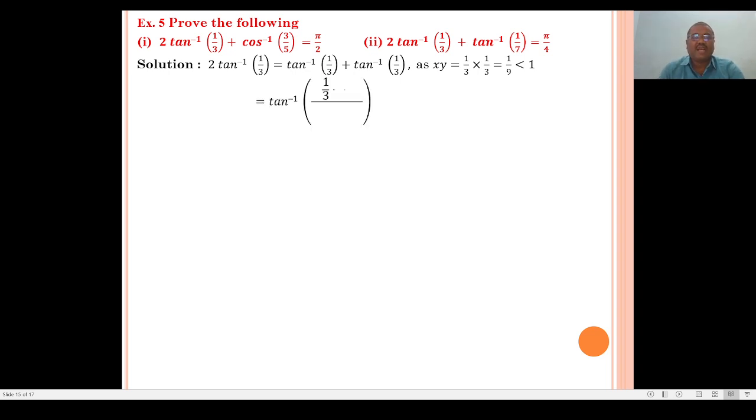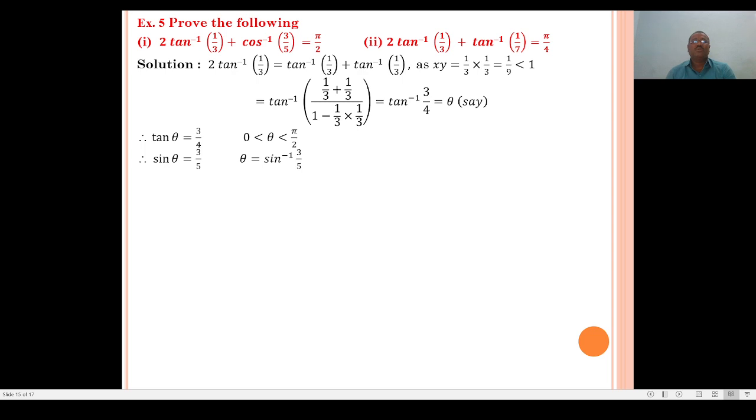So tan inverse of 1/3 plus 1/3 upon 1 minus 1/9. So which equals tan inverse 3/4, equals theta say. So tan theta equals 3/4, 0 less than theta less than pi/2, and sin theta equals 3/5. Theta equals sin inverse 3/5. So 2 tan inverse 1/3 equals sin inverse 3/5.